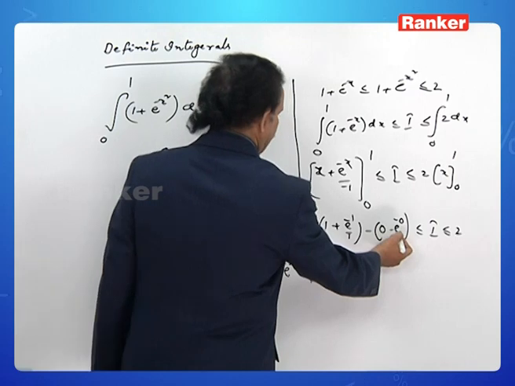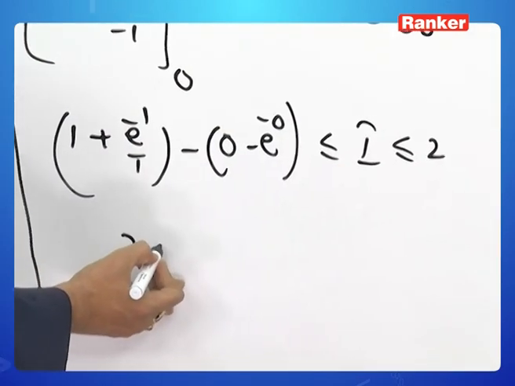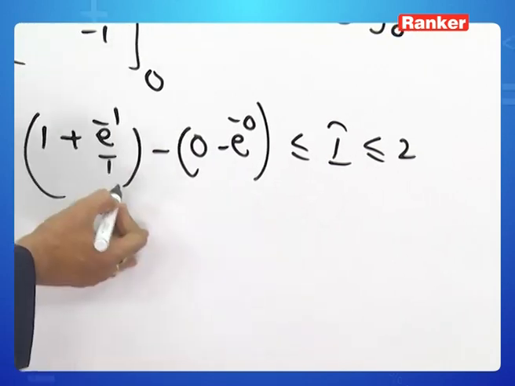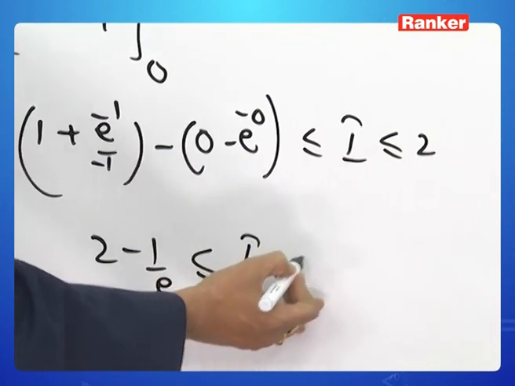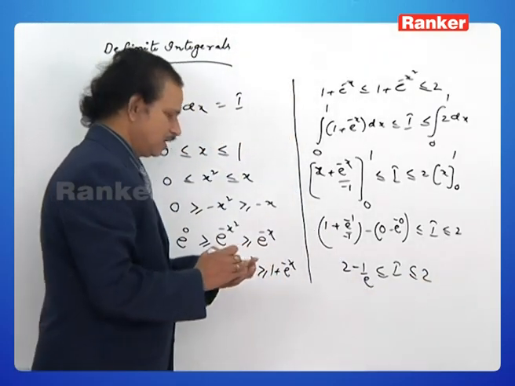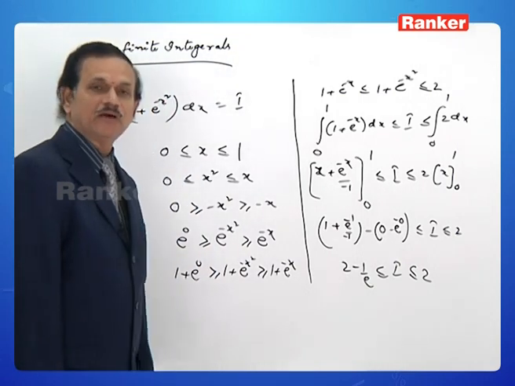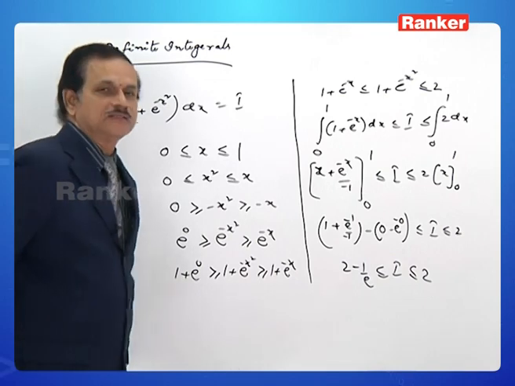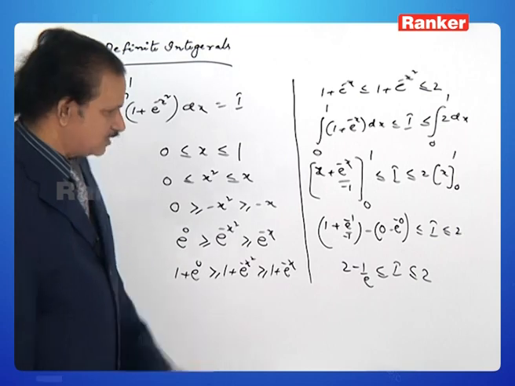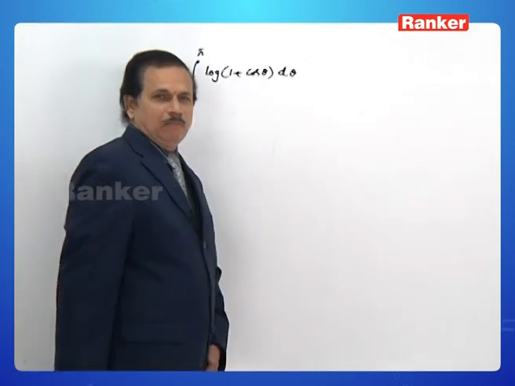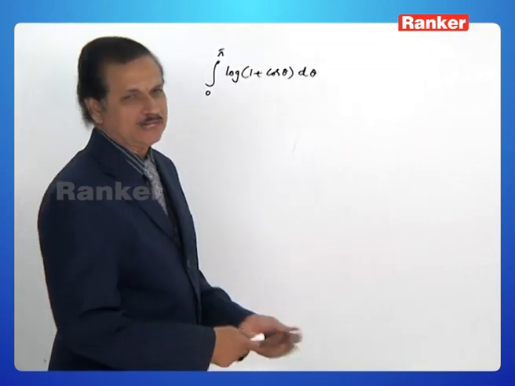Okay then, e power minus 0 is e power 0, that is 1, minus of minus 1 is 1, 2, and this is minus 1 by e less than or equal to I less than or equal to 2. So what are the boundaries of this integral value? 2 minus 1 by e less than or equal to I less than or equal to 2. So it lies between 2 minus 1 by e and 2. That's all the answer.